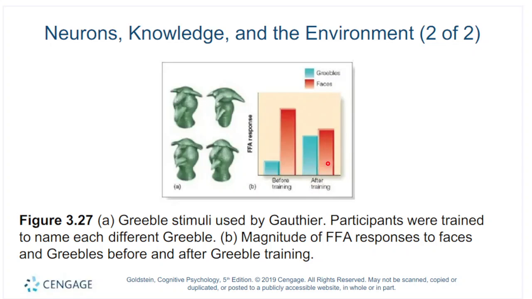So, after being trained, just to prove the experience-dependent plasticity, so nakita nila na the FFA response had become higher in the grebles or the grebel stimuli, and almost the same na with the faces. Okay?